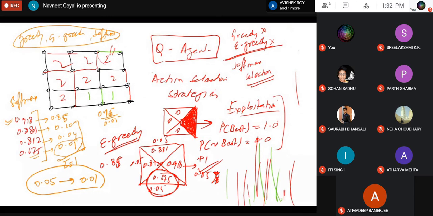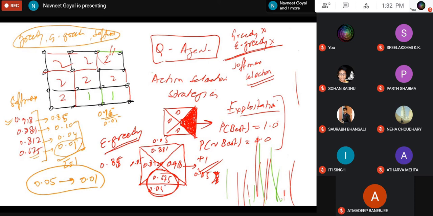In any AI algorithm, whether it's a search algorithm or a Q-learning algorithm, and Q-learning is also a kind of search, you're searching for a path, so you should think in terms of these options.